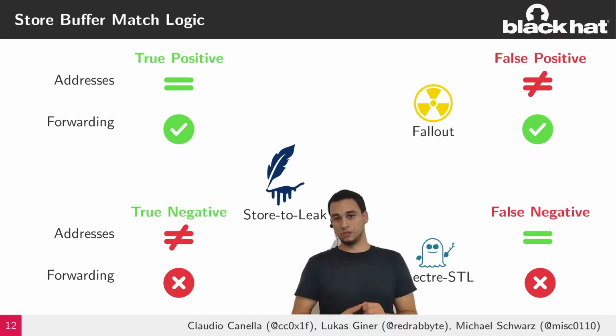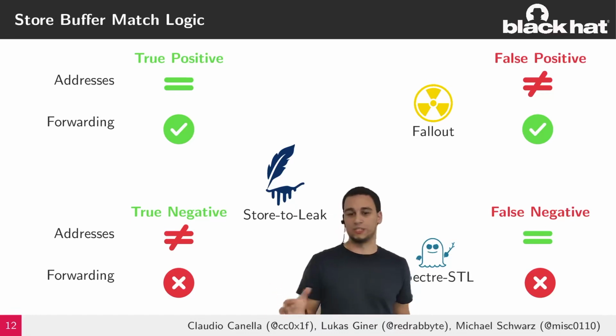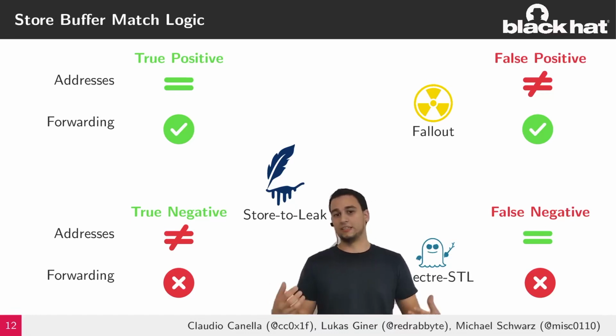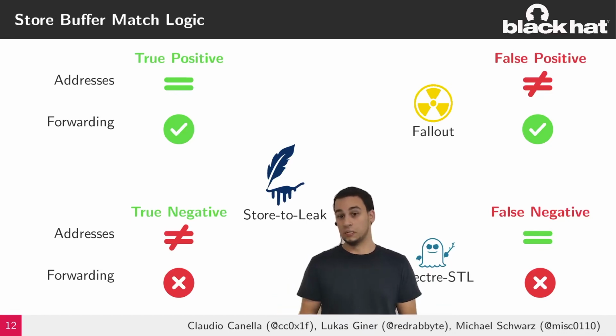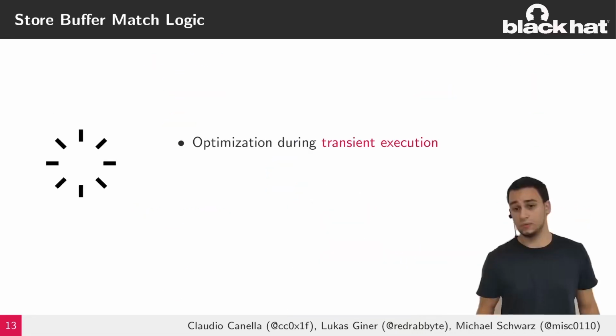So this one is exploited in Fallout, but already fixed in modern CPUs. And then there's also the other direction like false negatives, the address is actually the same. It should forward the data, but it doesn't do so. And this effect is exploited in Spectre STL.